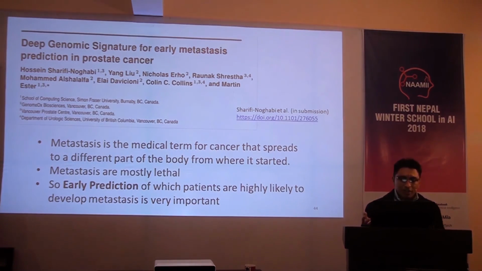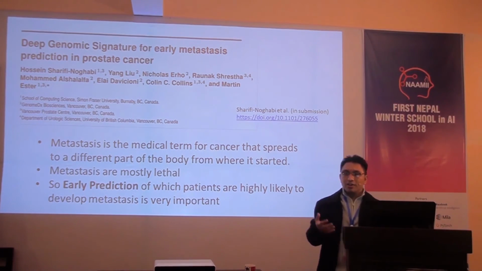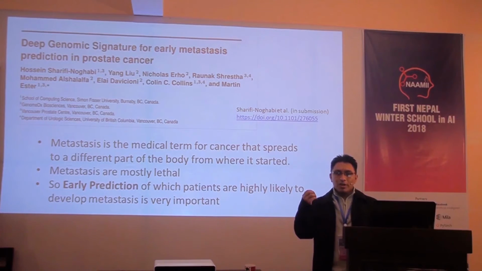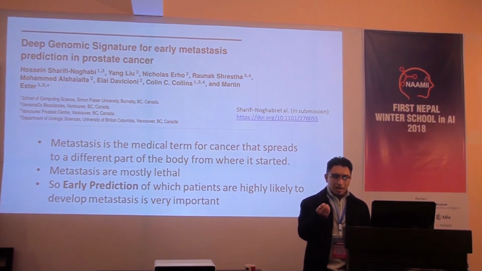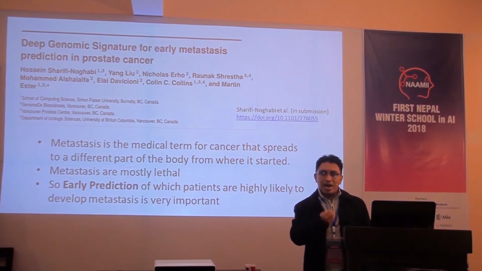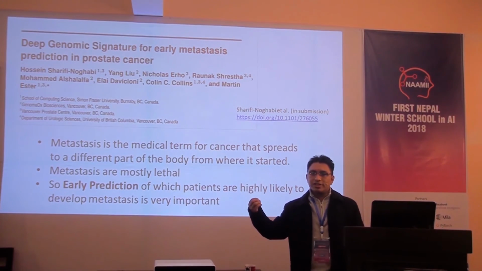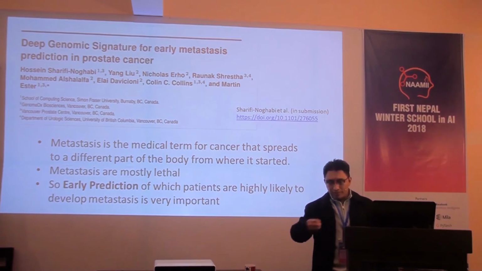So what we are trying to do is model a process in biology called metastasis. Cancer arises from a specific part of a body, and then when it advances, it progresses from its primary site, goes into the circulatory system, and spreads out into different parts of the body.